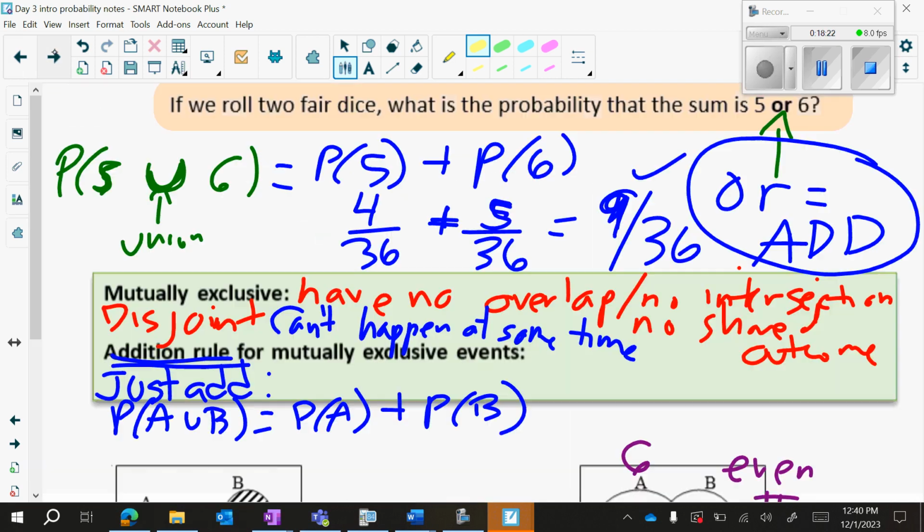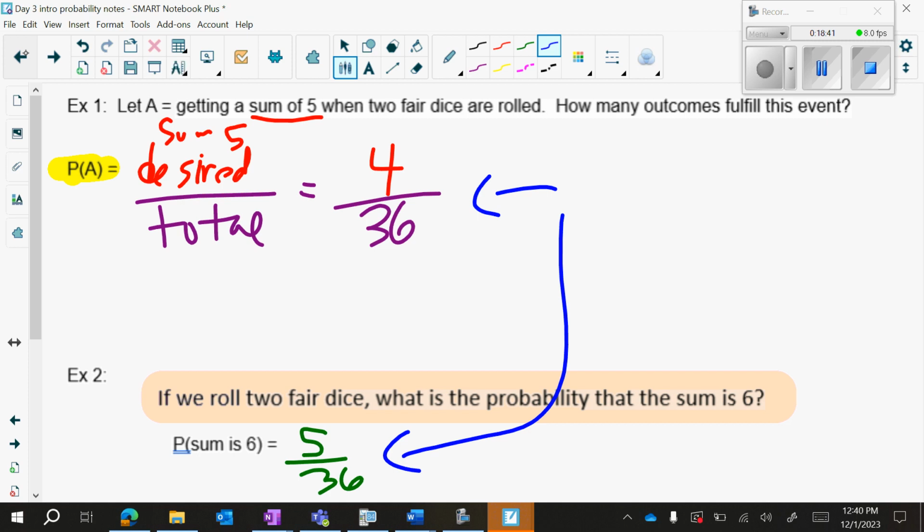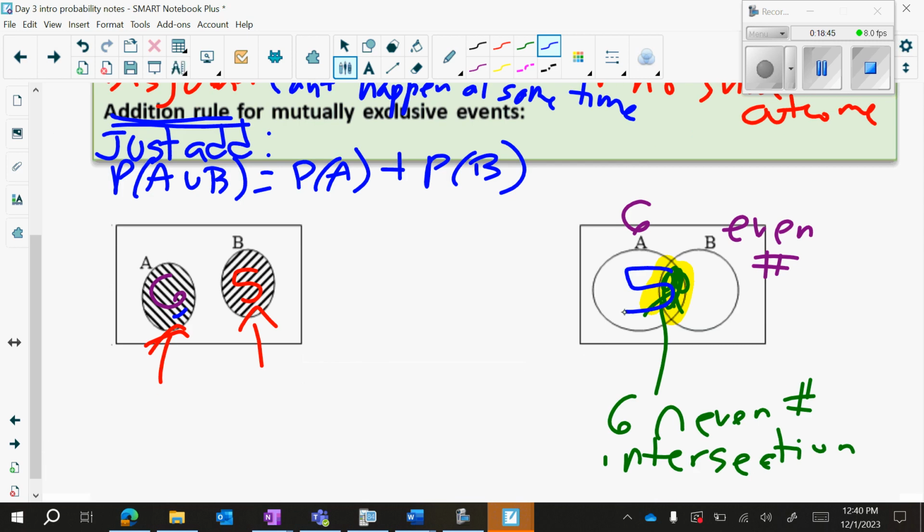So if you look at my Venn diagram here, these events overlap. It is possible to be both in the middle, both even and a sum of 6. So in the case of the 6s, all the 6s are even, right? So there were 5 ways, yep, to get a 6. There's 5 of them here. And then the evens, there's 18, right?